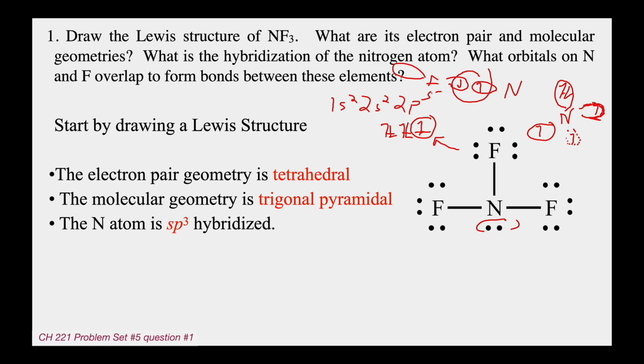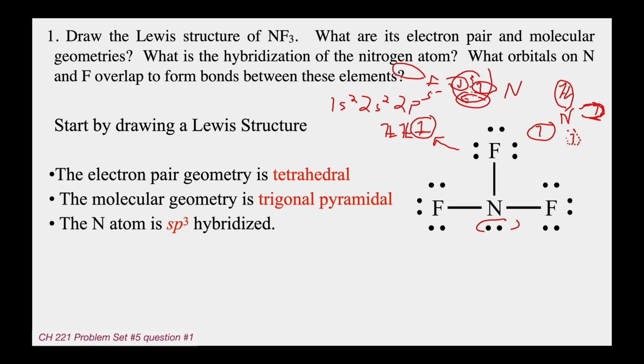One of the 2p orbitals has a single electron on fluorine. One of the sp3 orbitals on nitrogen comes together to make the bond. This is a head-to-head overlap. This is where the sigma bond comes in. Because these electron orbitals are kind of smashing together, that would be the sigma bond right there.